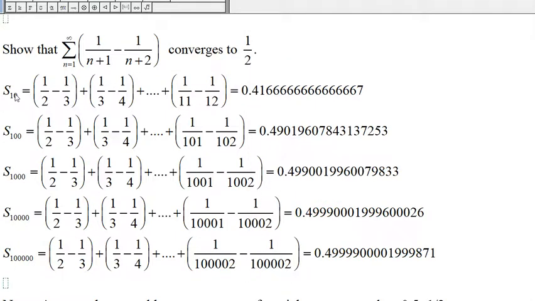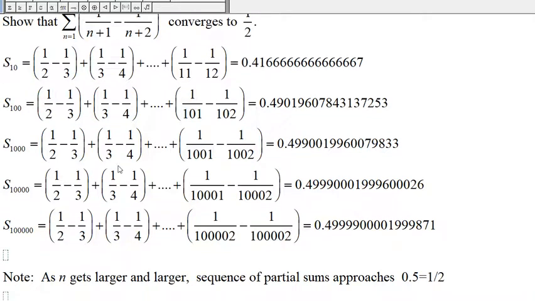And so when n is 10, the sum of the first 10 terms is 0.4166. When n is 100, the sum of the first 100 terms is 0.49019. When n is 1,000, we get 0.499. When n is 10,000, we get 0.4999. And when n is 100,000, we get 0.49999.